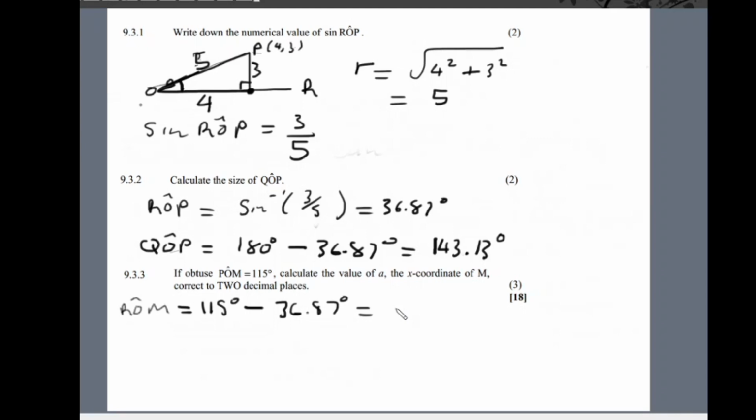So the angle ROM will be 115 minus 36.87. It will be 78.13 degrees.